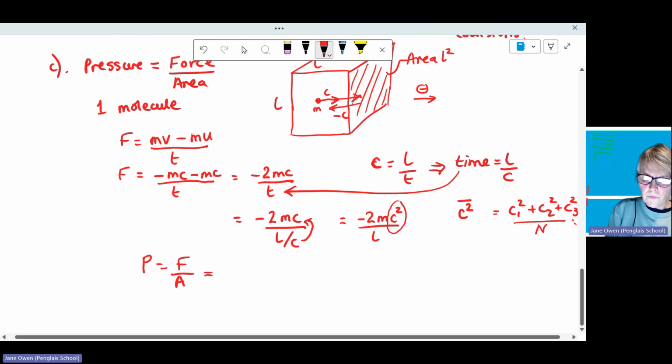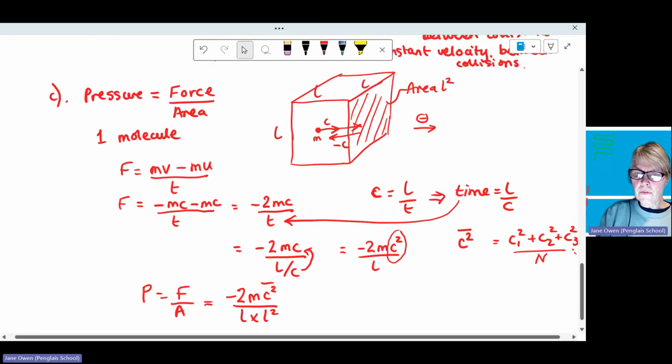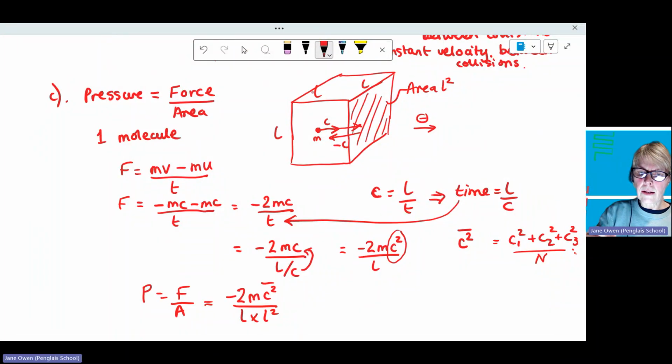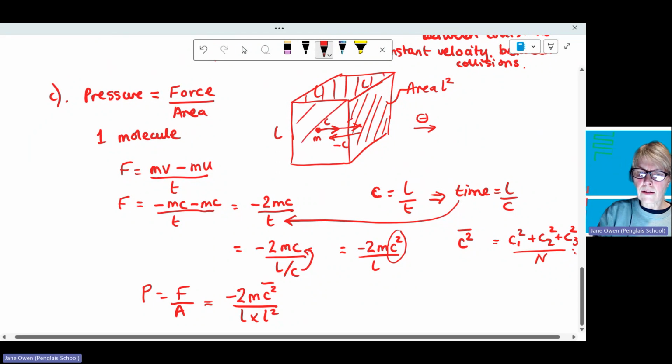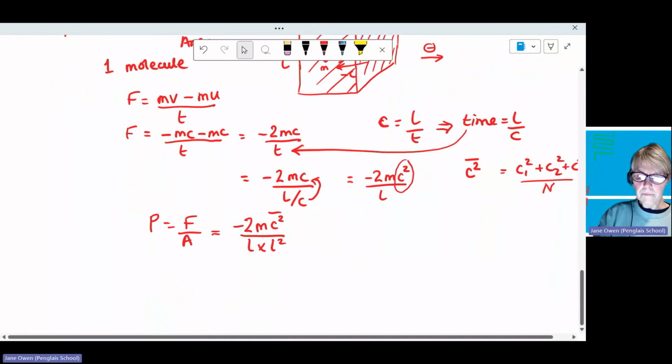So force is given by minus 2mc squared over L, times by L squared. Now the particle could hit one face, but it could equally hit another face up here, or another face here, depending on which direction it was going in.